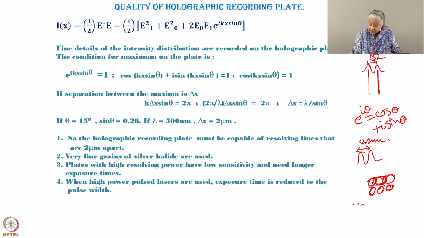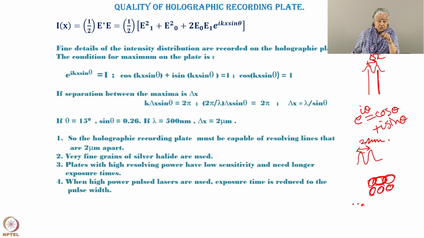But if there are such tiny grains, it may not be able to record the light and shadow very well. You are getting a very good resolving power, but your sensitivity becomes low. Such a fine grain is not sensitive enough to the light. That means from silver halide, it may not be changing over to silver. So, sensitivity and resolving power are both competing factors. And then you need longer exposure times.